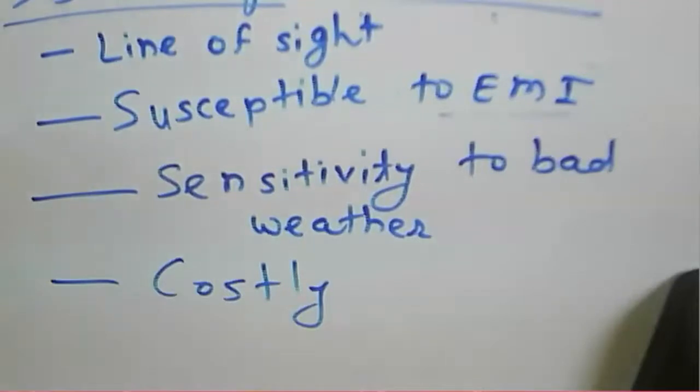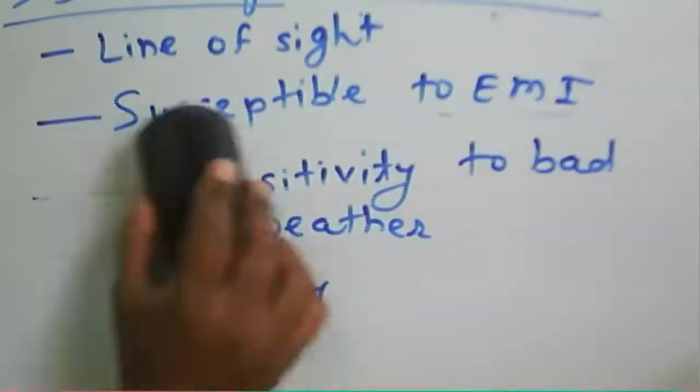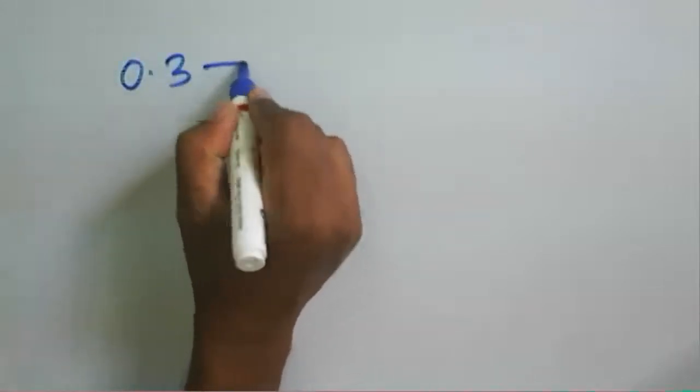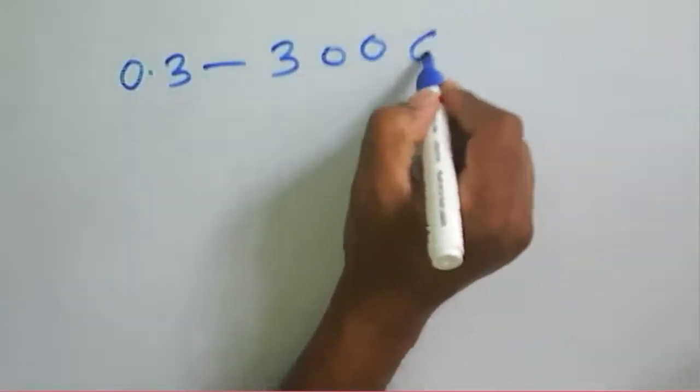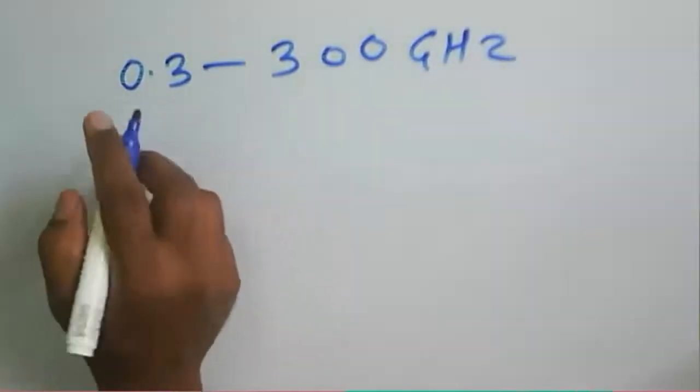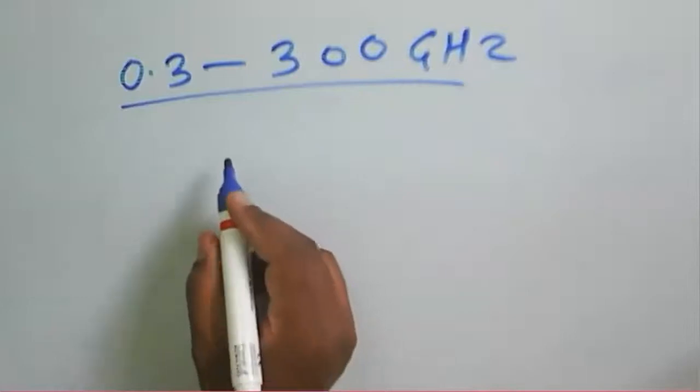Now we will see the applications of a microwave. We have seen the characteristics and the advantages of microwave signals. To conclude today's lecture, our frequency range is about 0.3 to 300 gigahertz, and this is the microwave frequency band.